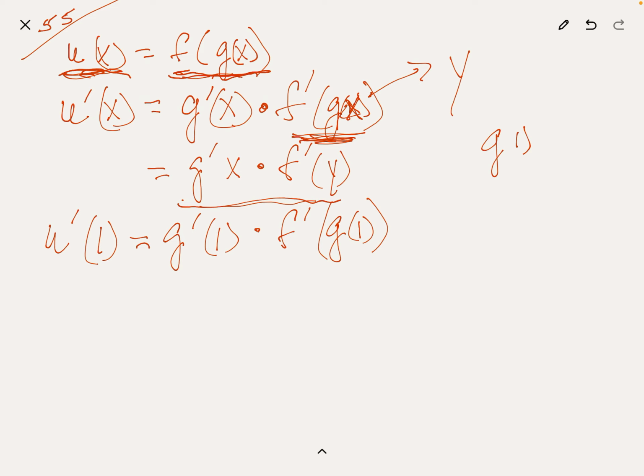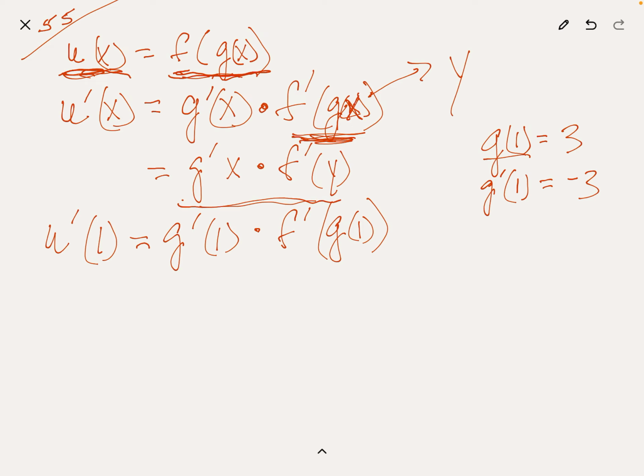And if you look carefully, you can quickly see that g of 1 equals 3, and g prime of 1, which is the slope of g of x at 1, well, the slope there is negative 3. So we've got g prime of 1.